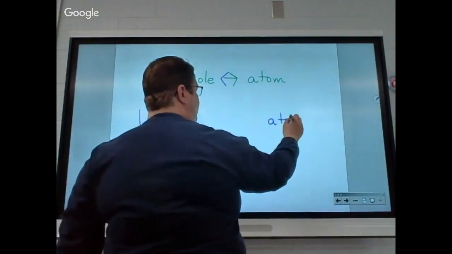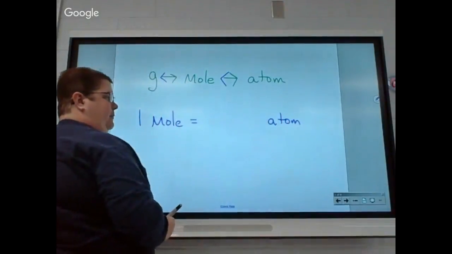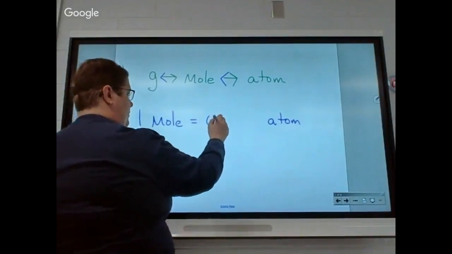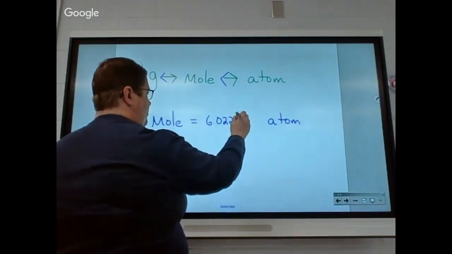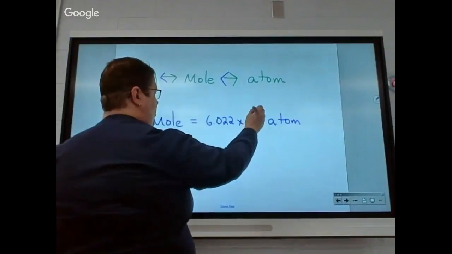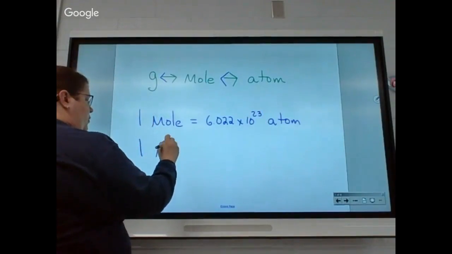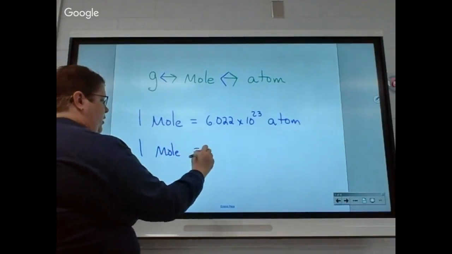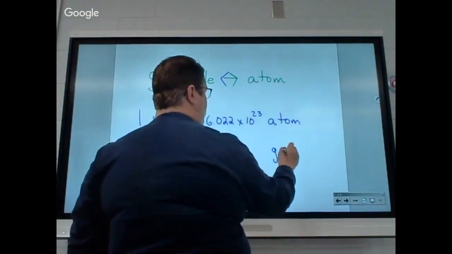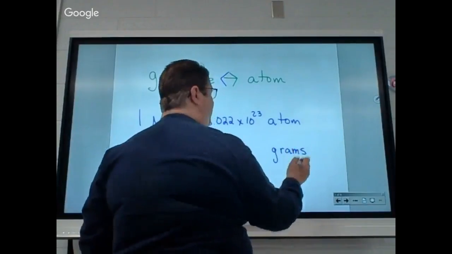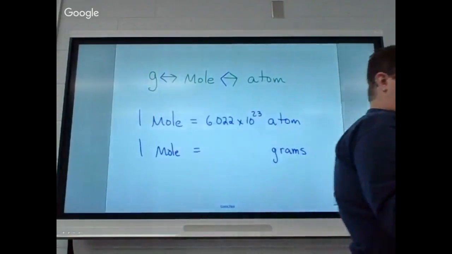How many atoms? Tell me how many atoms we're always going to get. Okay, so that's one conversion factor we just wrote down. And the other one was 1 mole is equal to grams. Now, can I write a number down for the grams?